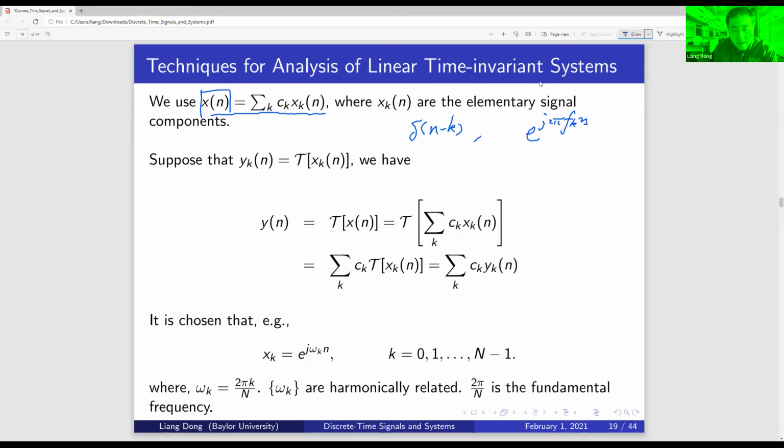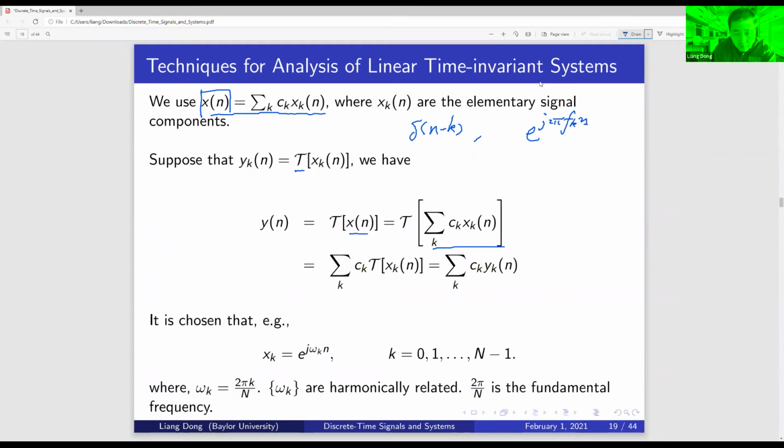All right, suppose that I have a linear time-invariant system, with the operation indicated by T. For input signal x, through the operator, I have the output signal y. Therefore, y[n] equals the transformation or operation on x[n], because x[n] can now be written as the sum of these elementary signals.